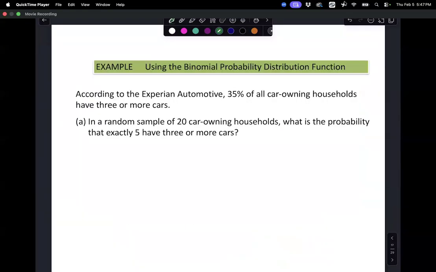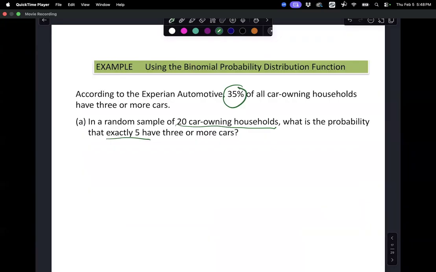All right. So according to Experian Automotive, 35% of all car-owning households have 3 or more cars. Probability of success. In a random sample of 20 car-owning households, number of trials, we want to know the probability exactly 5 have 3 or more cars.